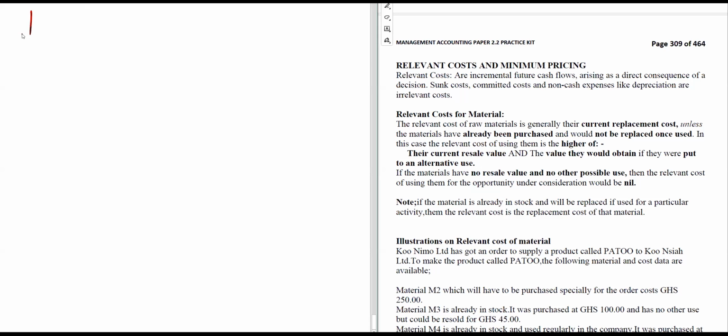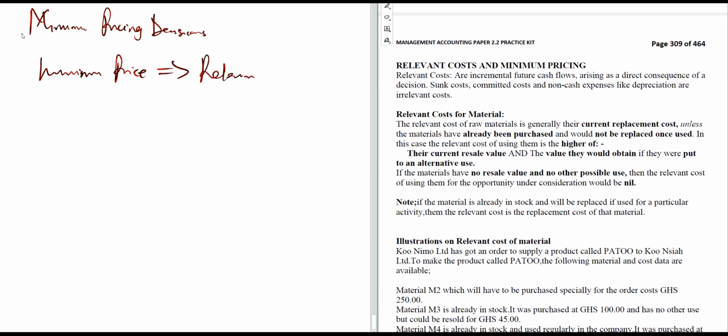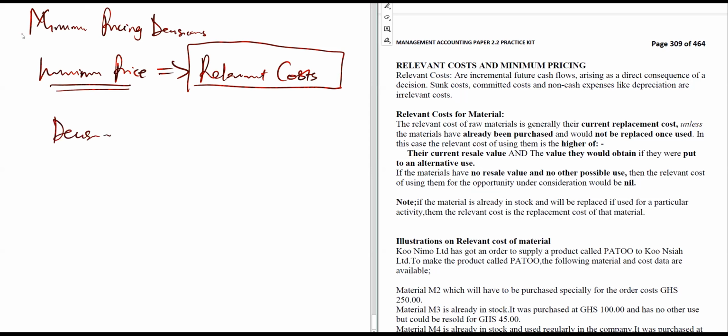So, with minimum pricing decisions, what we are saying is that the minimum price is equal to the relevant cost. So if the relevant cost is the minimum price and somebody gives you a price, let's look at the decision.